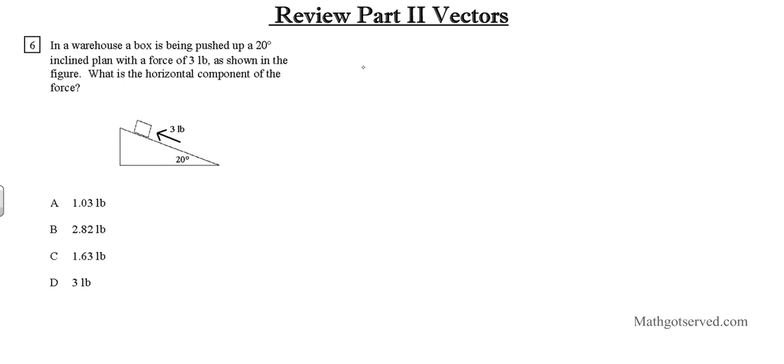The vertical component is the component that's opposite the angle, and you remember in SOHCAHTOA, the one that relates the opposite and the hypotenuse is sine. So the vertical component, I'm going to call it F sub y, is basically F sine theta. Okay?